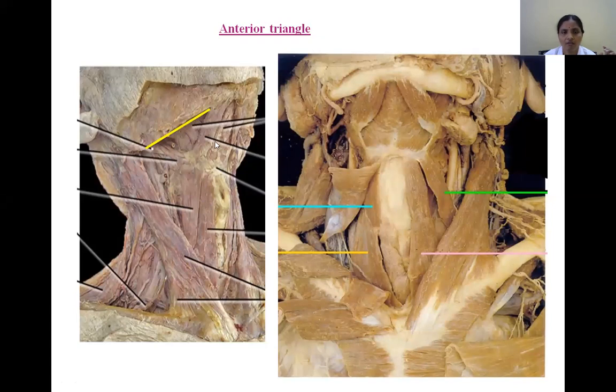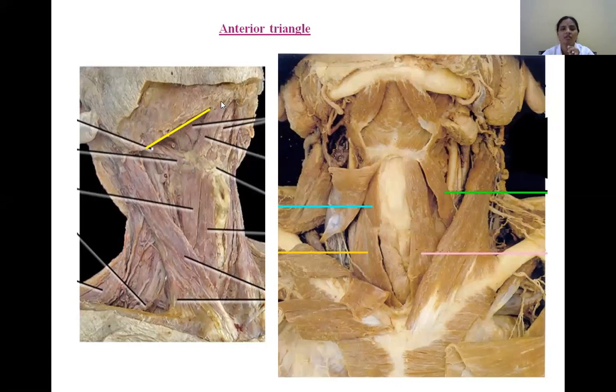First we'll see the digastric triangle. Digastric means 2 bellies enclosing a space in a triangular area. So the digastric muscle has an anterior belly and a posterior belly. Clear? The anterior belly takes origin from the depression on the inner aspect of the symphysis menti.